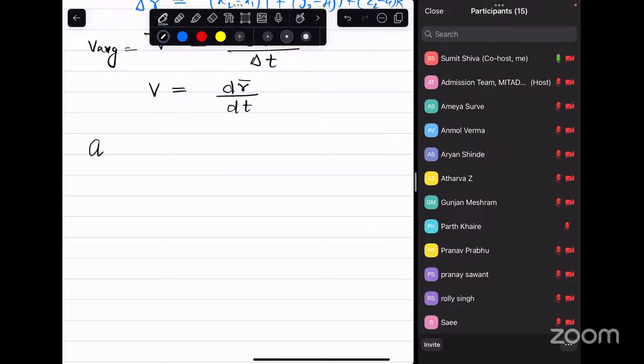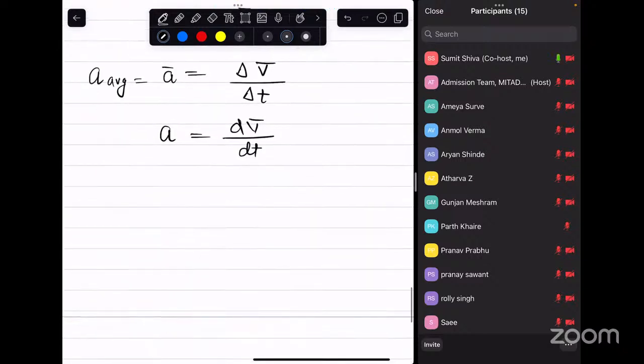Similarly, average acceleration, a bar, will be delta v bar by delta t, or instantaneous acceleration will be dv by dt. Understood or any doubt?